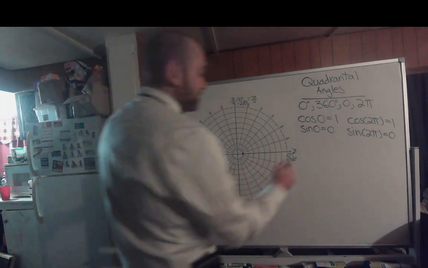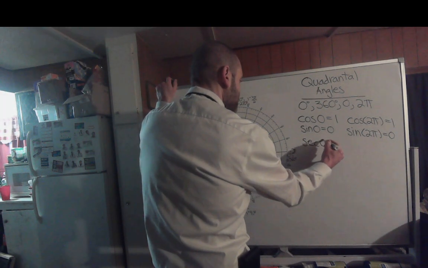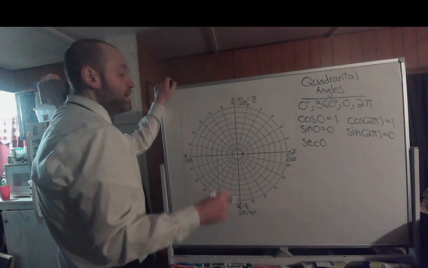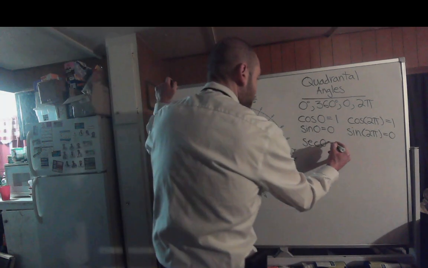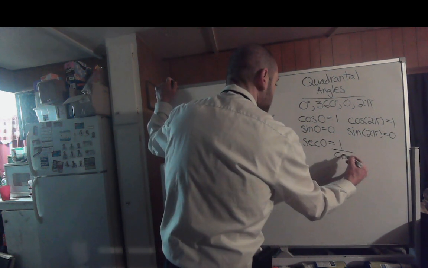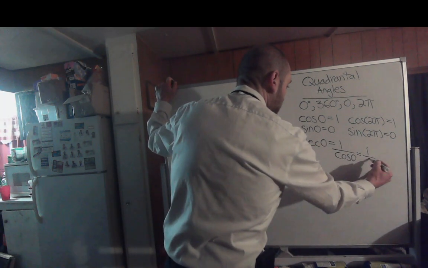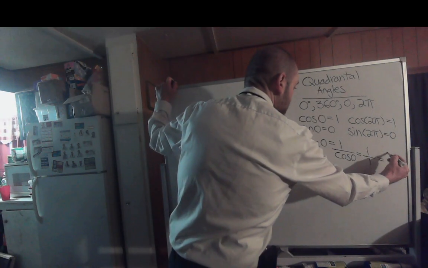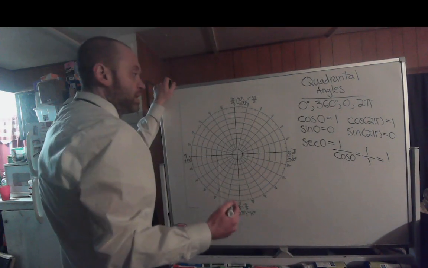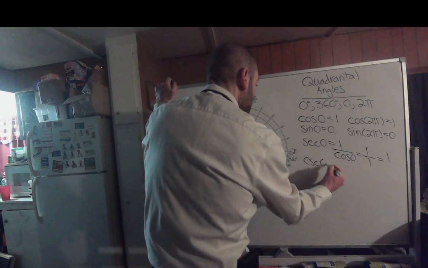Now, let's do the secant. So how about the secant at 0? The secant at 0, of course, is 1 divided by your cosine. That'd be 1 divided by the cosine of 0, which is 1 divided by 1, so that means your secant is also 1.